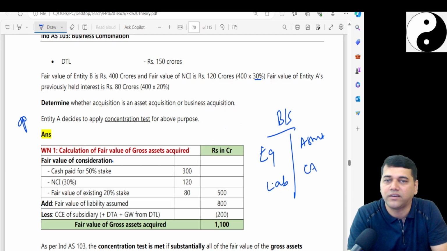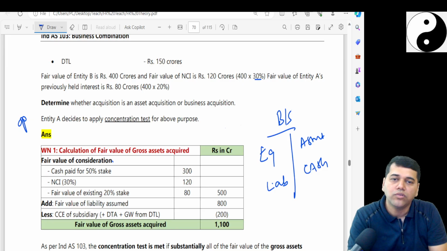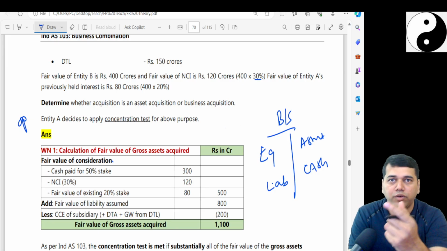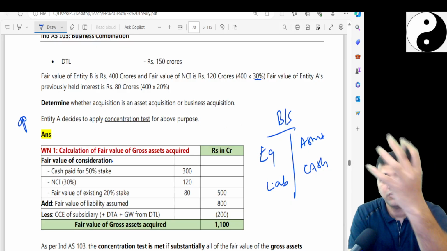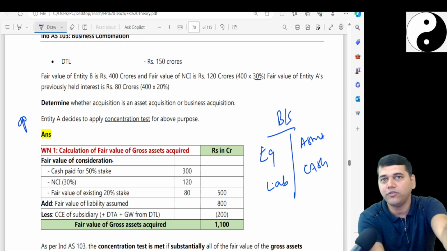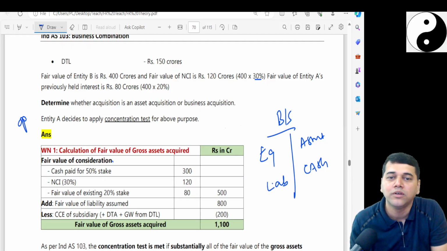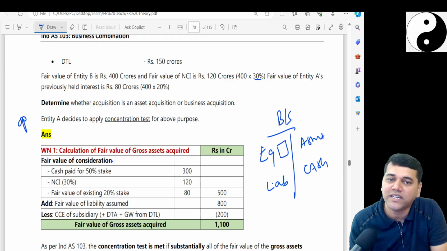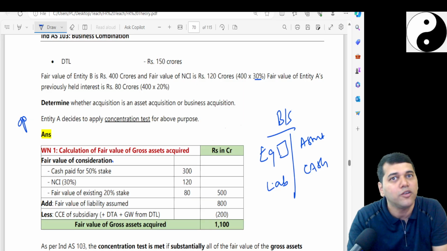Current assets, say cash. Now, when you pay someone, what do you pay for? You pay for their equity shares, because their equity shares come in your name. That means that balance sheet is your balance sheet. This balance sheet belongs to whosever name the equity shares are in.